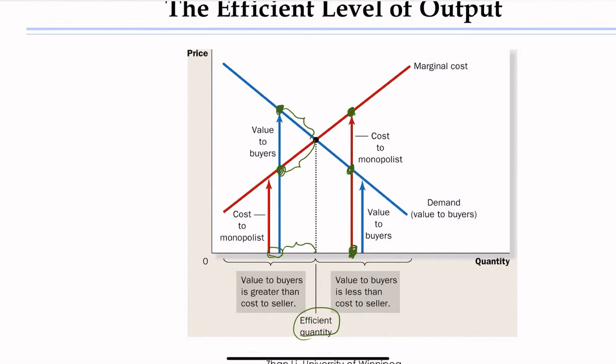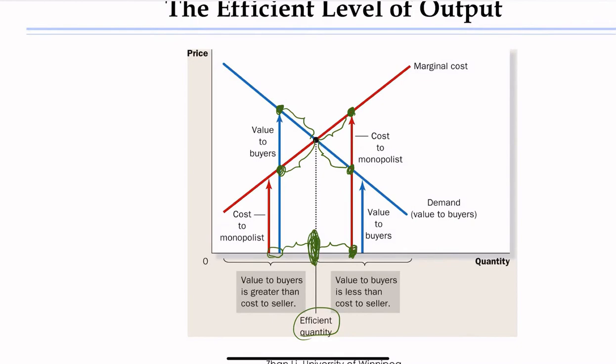So basically for these quantities, cost is larger than the benefit. So we are getting some negative benefit here. Obviously, negative benefit refers to some sort of loss. So in the end, you can see that this is the best quantity, right? At this quantity, marginal cost equals price.